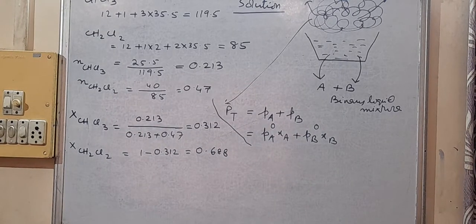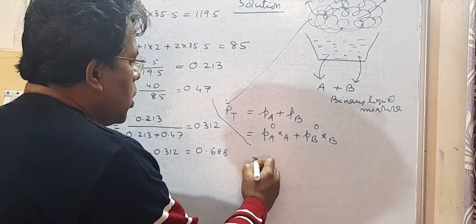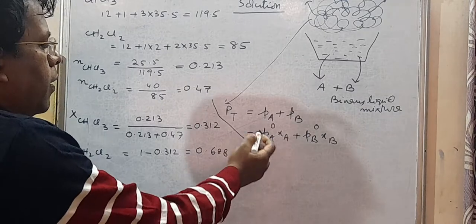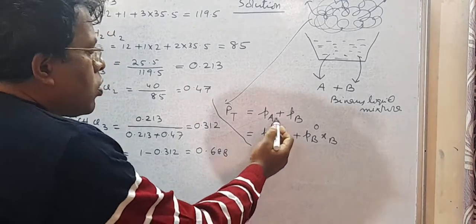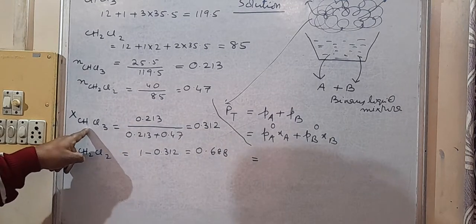So after we got the mole fraction of both the components, we have to use this formula. PA naught and PB naught values are given.